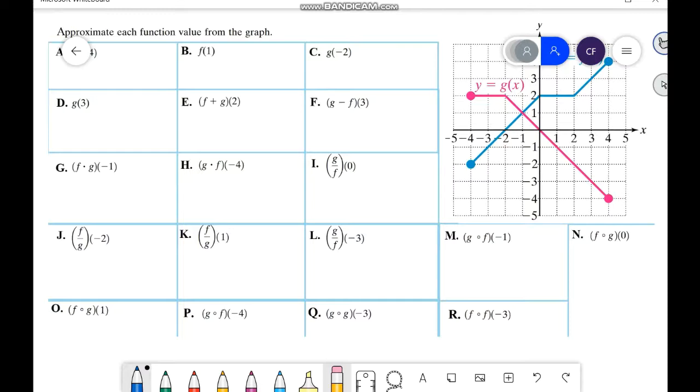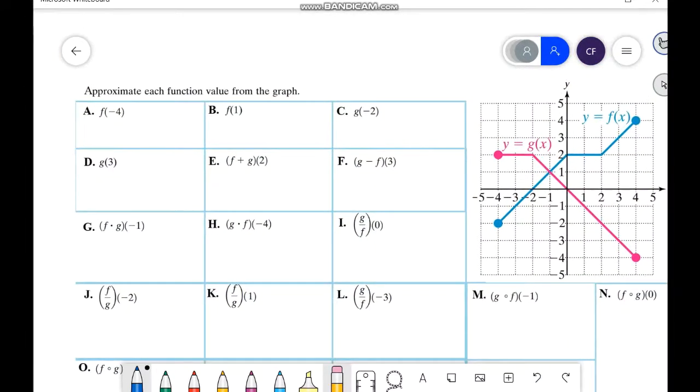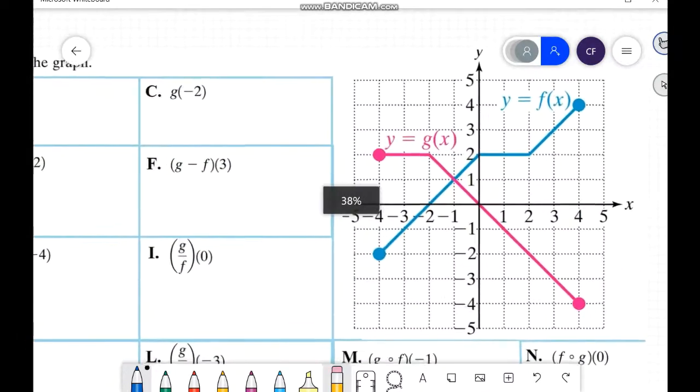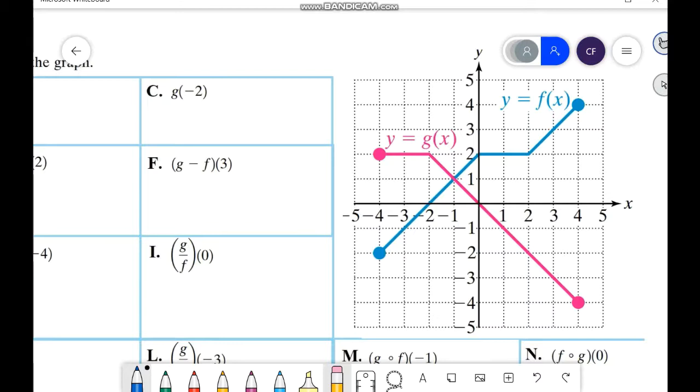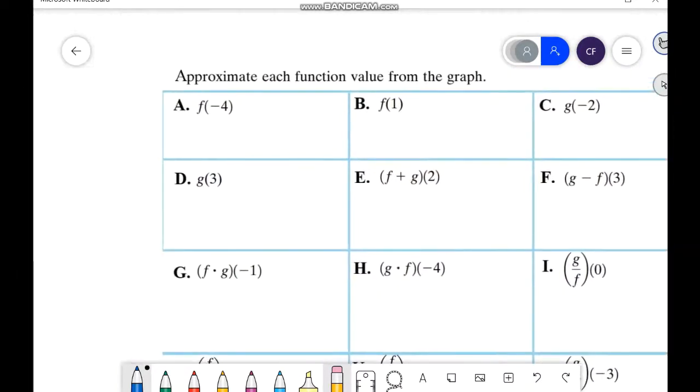On our quiz today, you have to approximate each function value from the graph. So we're going to work with this graph here. All the inputs and outputs we need to find in the graph. Okay? So for letter A, first we have to find f of negative 4.